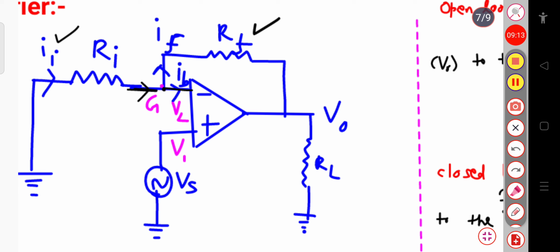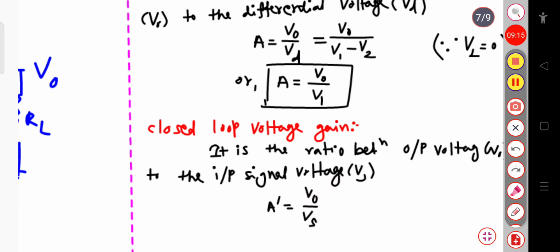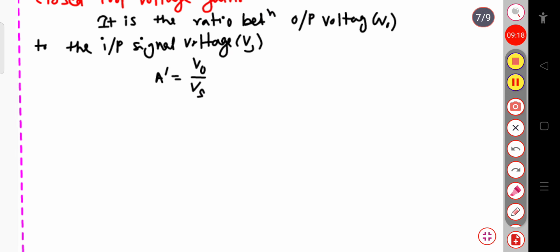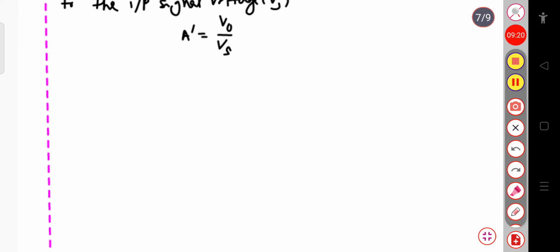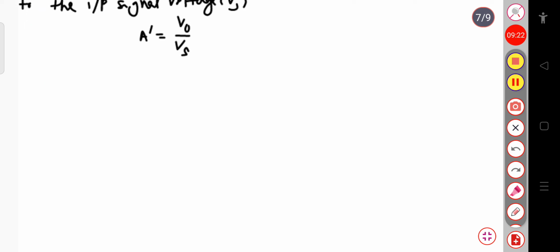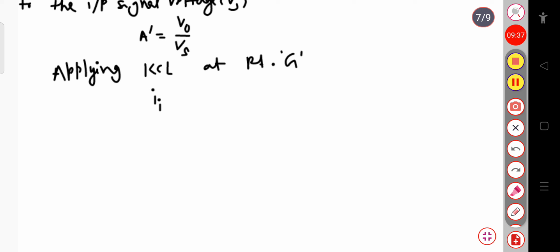Now let us write, applying KCL, Kirchhoff's current law, at point Z: current input is equal to IB, current across the op-amp, plus current across the feedback resistor.